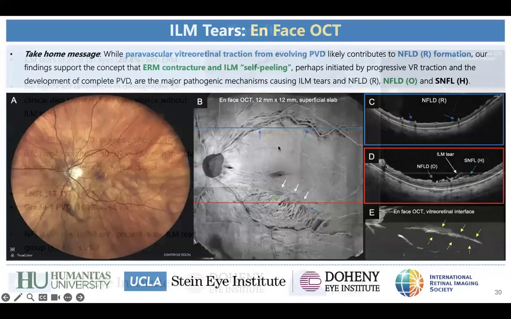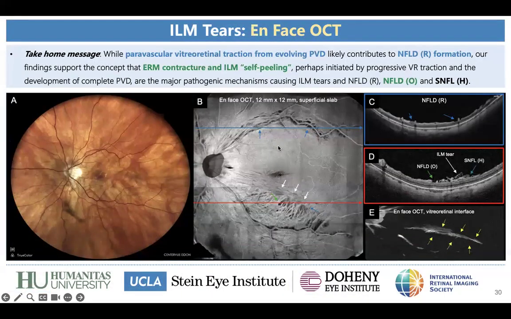So we concluded that while paravascular neuroretinal defects likely result from evolving PVD, the presence of inner retinal dimples in the context of ILM tears is likely associated with progressive epiretinal membrane contracture and ILM self-peeling, in a similar fashion to ILM peeling causing inner retinal dimples after surgery.